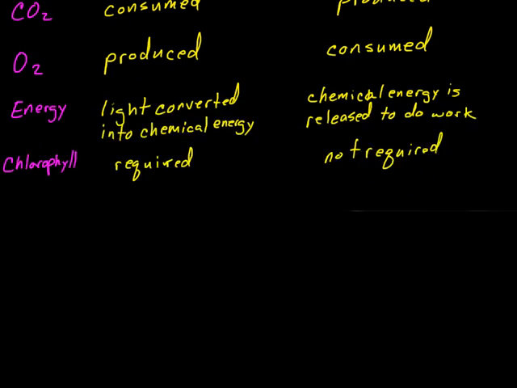What about where these processes occur, or the location of photosynthesis and respiration? Well, in plants, photosynthesis takes place in leaves, because that's where the chlorophyll is found and where the chloroplasts are found. In leaves, we could also say more specifically in chloroplasts.